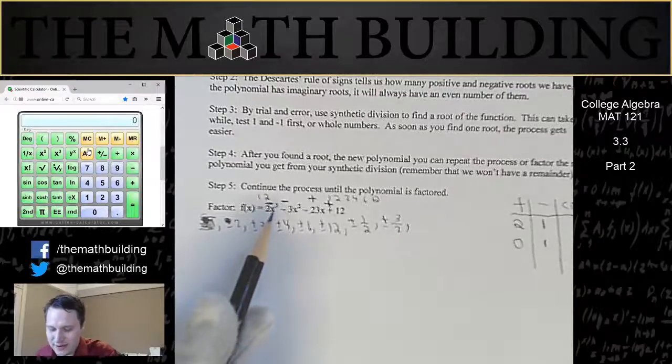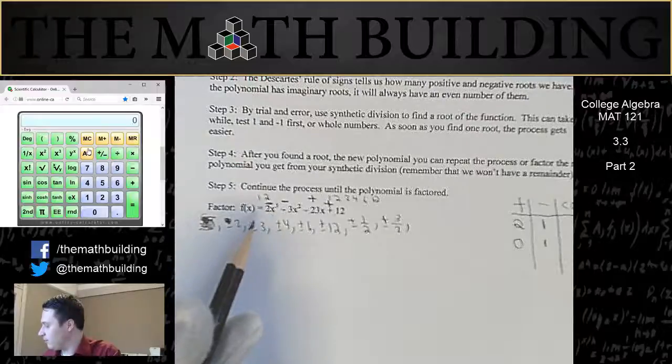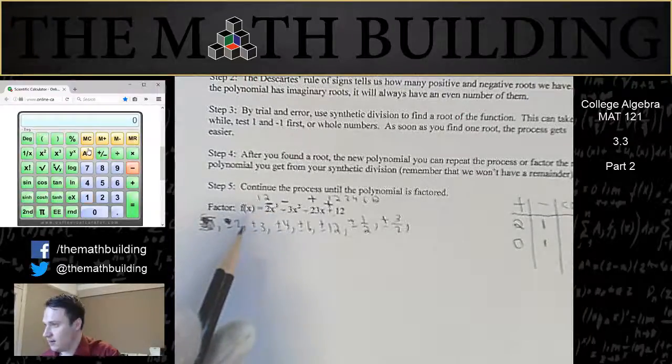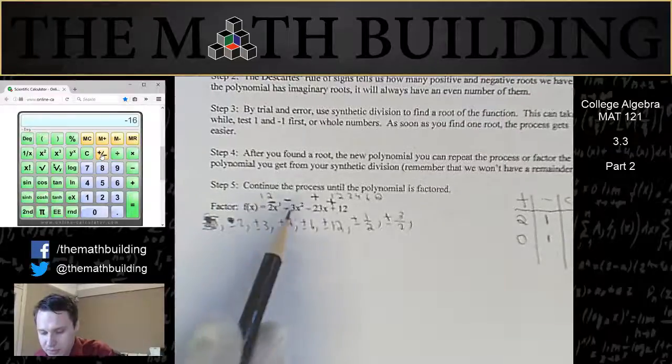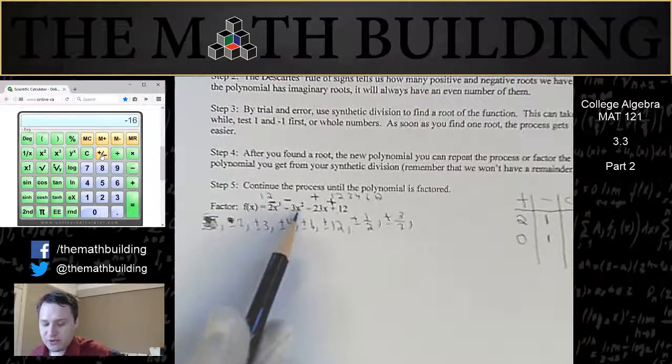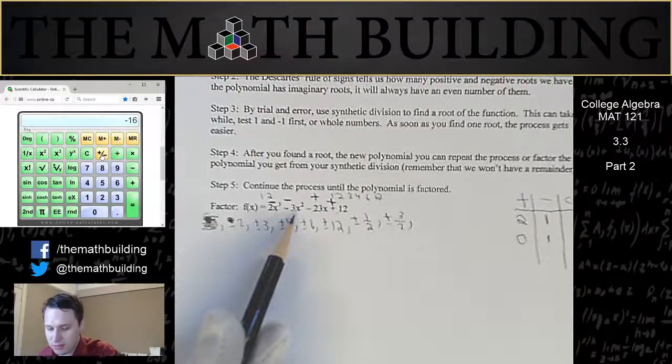Negative 2, let's try that. Negative 2 times negative 2 times negative 2 is negative 8, times 2 would be negative 16. Negative 2 times negative 2 is 4. 4 times negative 3 is negative 12.